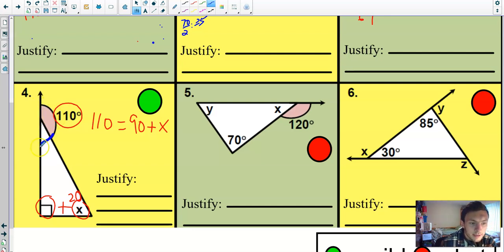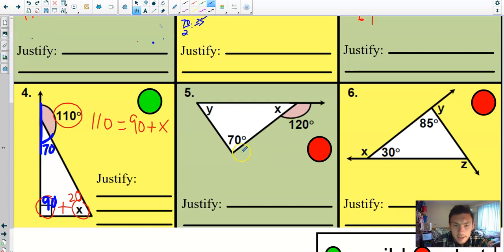They're supplementary because they form a semicircle and the bottom of their angles form a straight line. So 180 minus 110 is 70. And then once I know 70, now that I know two of the angles, because this one is 90 because of that box, I can figure out the third angle of the triangle.